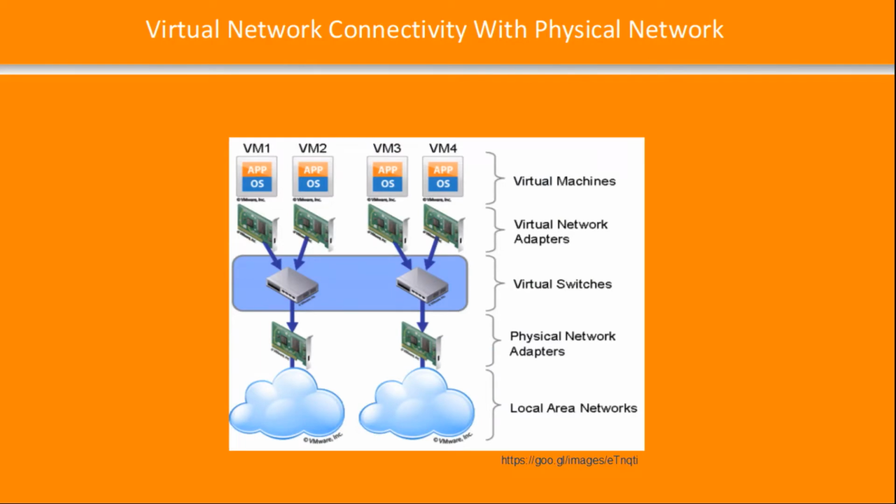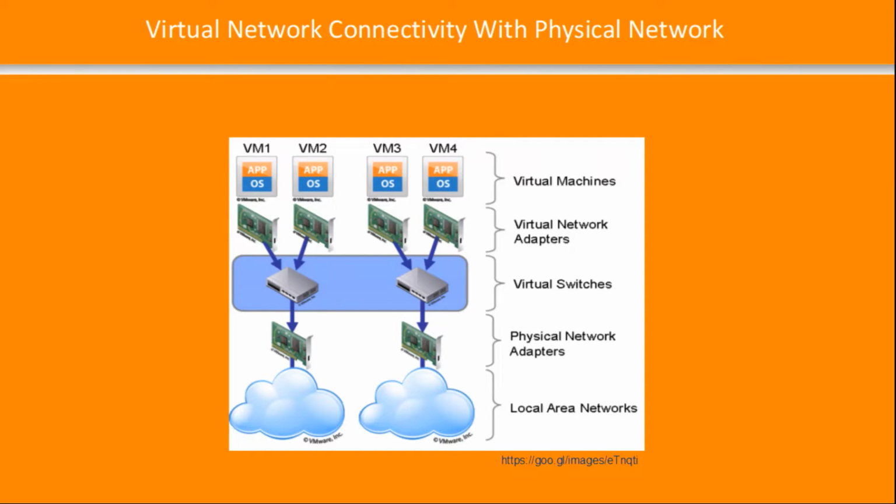When we consider virtual network connectivity with physical network, as shown in this picture, we have 4 virtual machines, each with a virtual NIC connecting to a port on the virtual switch. The virtual switches in turn are connected to the external or enterprise network using uplink or the actual physical network interface cards.